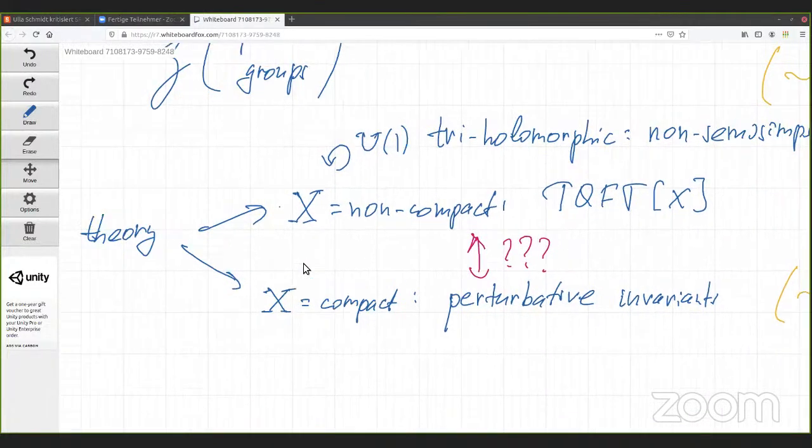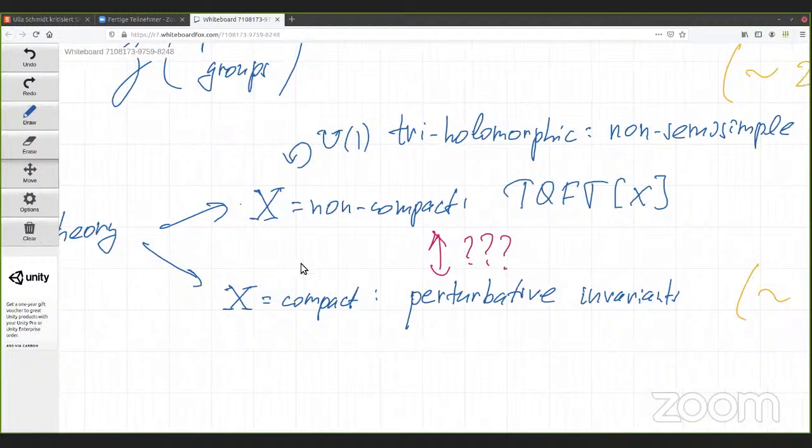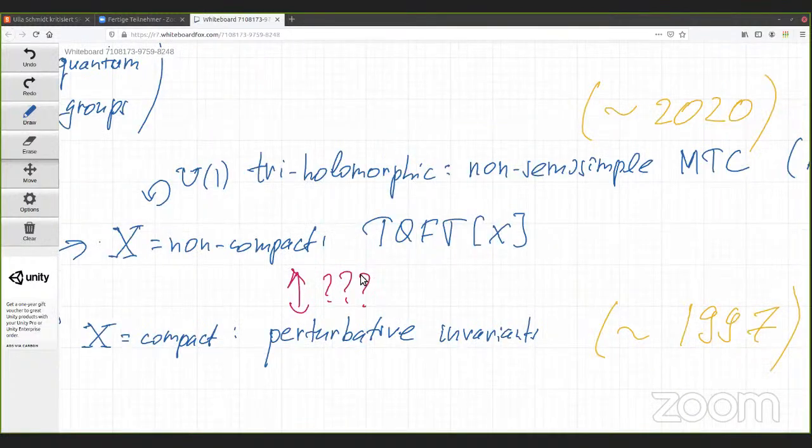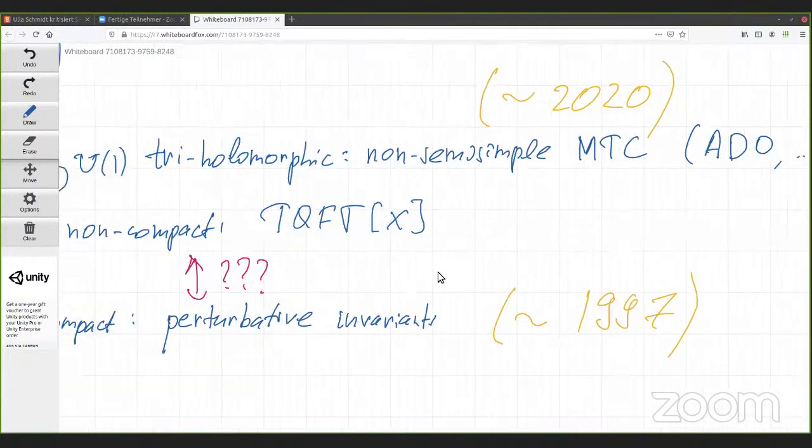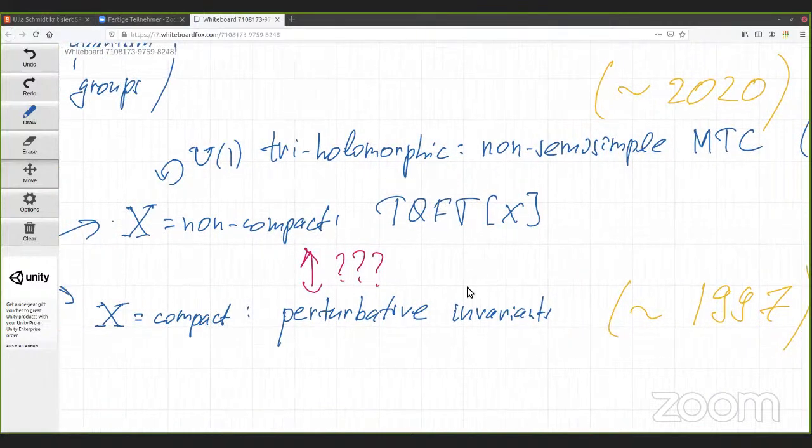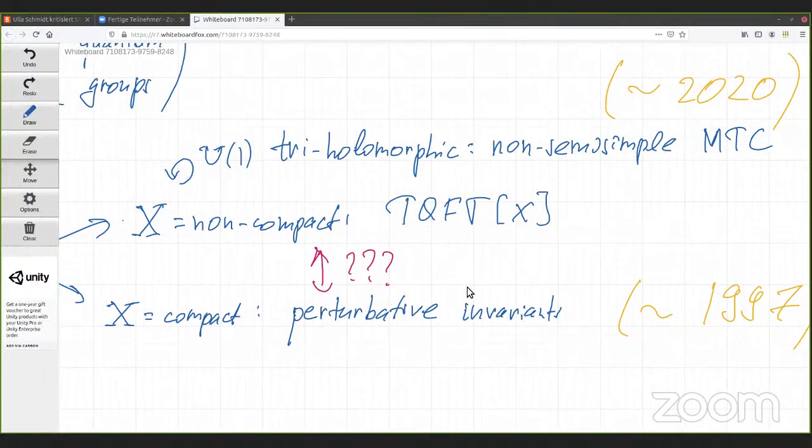You're absolutely right. In one case, you get perturbative invariants, and you usually focus on numbers. You never, in that old story, ask about categorical aspects. And here, you get algebraic structures. Of course, you can also get numbers, but you get a whole category or TQFT attached to your space.